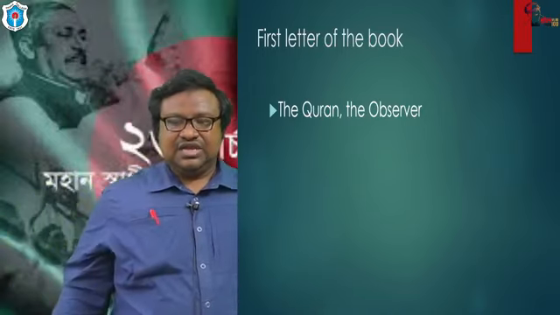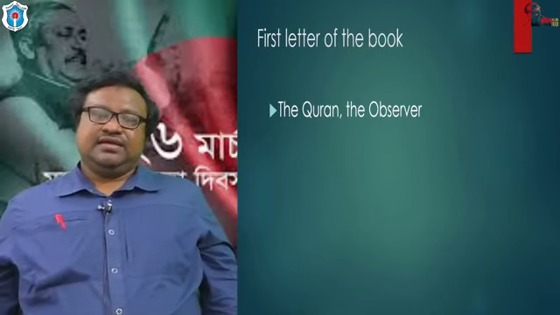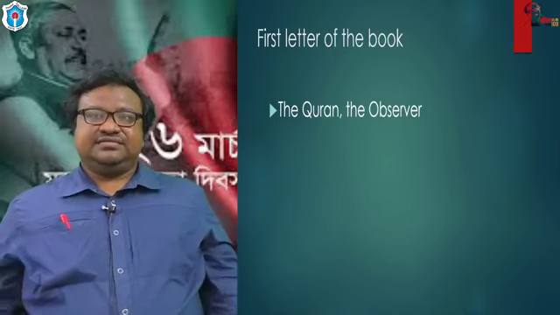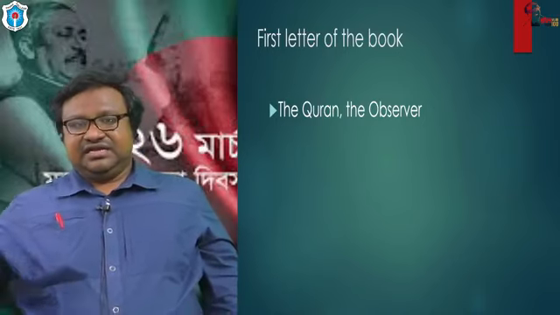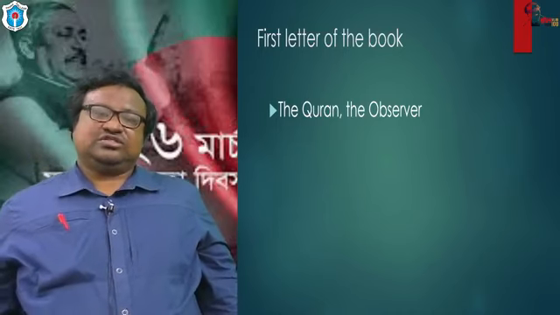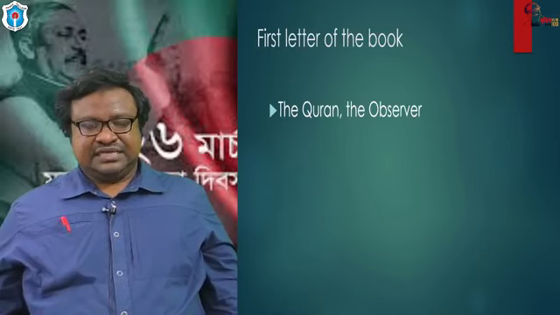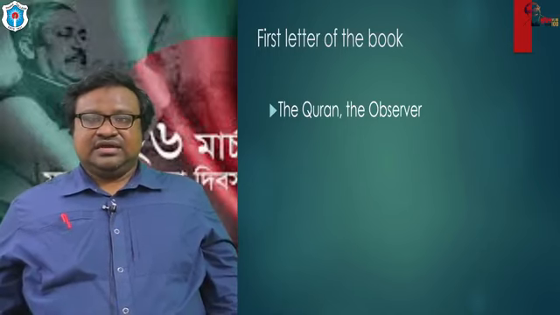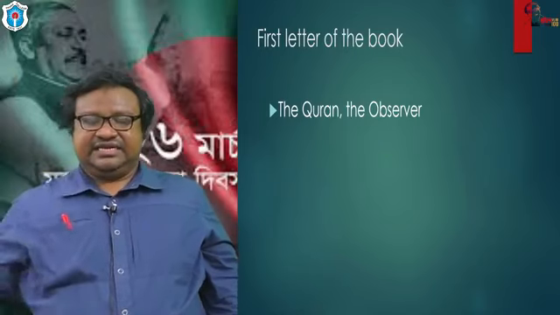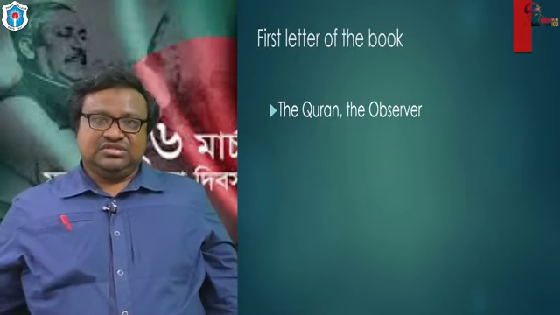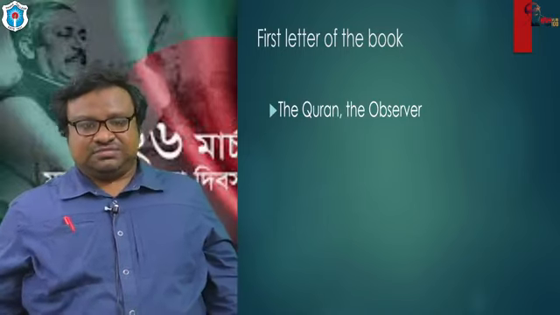For example, you are writing that right now I am reading Datta, D-A-T-T-A. Now, Datta is a very famous novel written by Sharat Chandra Chatterjee, and here you are writing Datta in capital letter. That is, the name Datta will start with capital D, not smaller d.